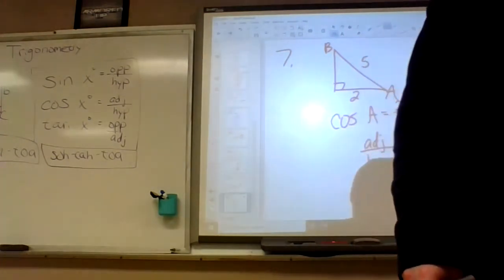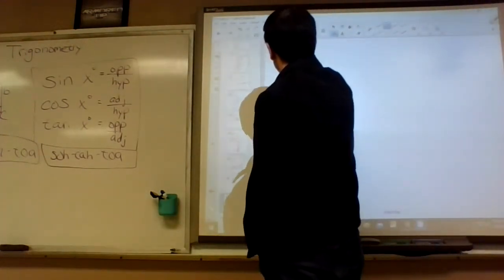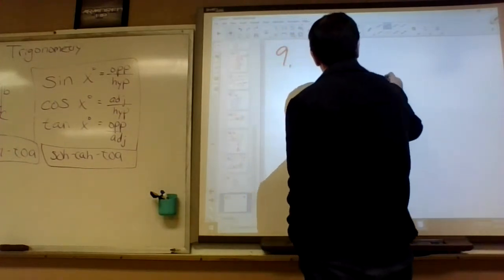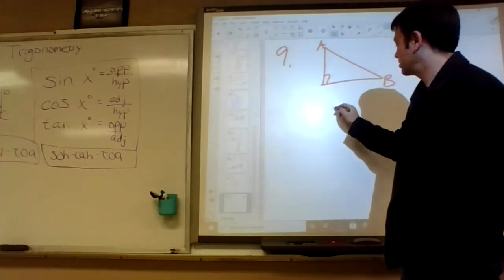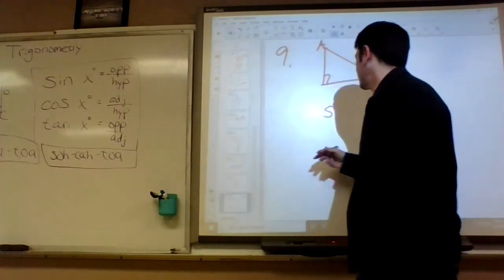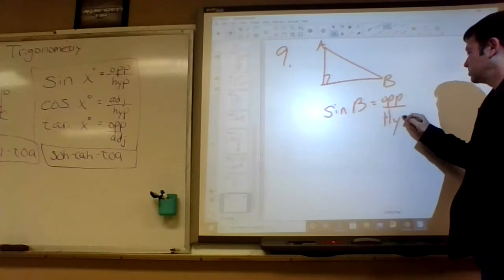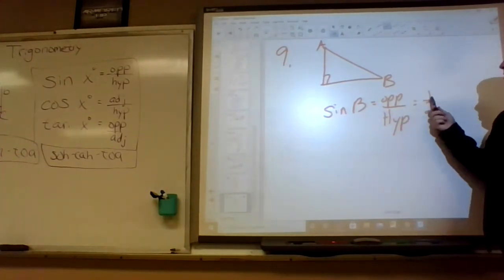Number 9, sine of B is 1/2. So I'm going to start with my triangle again. Whoops, sloppy. And it says sine of B. Sine is opposite over hypotenuse. And it's supposed to be 1/2. So opposite, I'm going to put the 1.